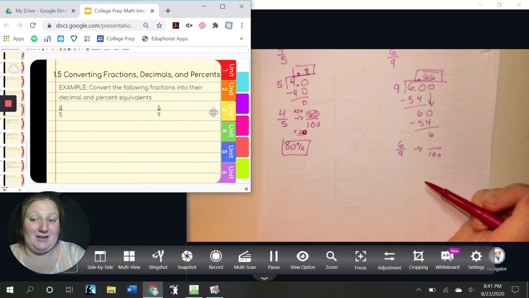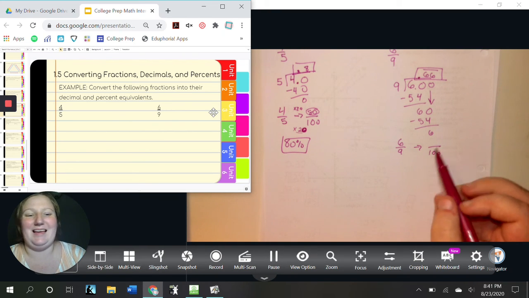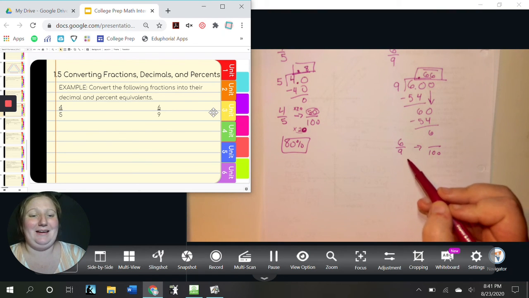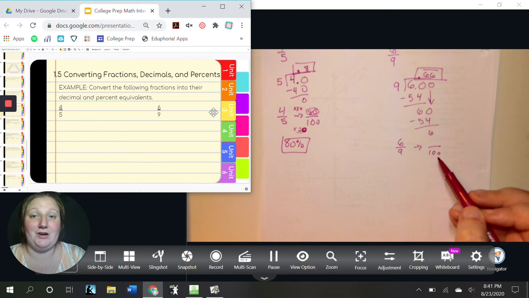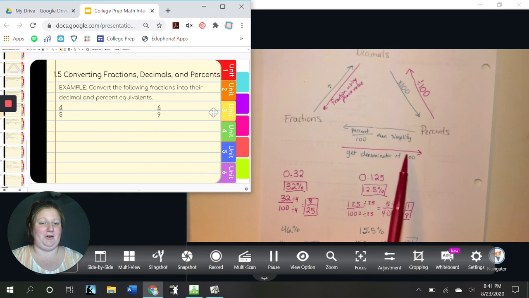Well, that's too big. So the problem is we don't have a nice perfect whole number here. So that doesn't really work great for us. Sometimes you run into problems like this where there's not a perfect whole number to get a denominator of 100. When that's the case, this bottom row of our conversion chart doesn't really work.